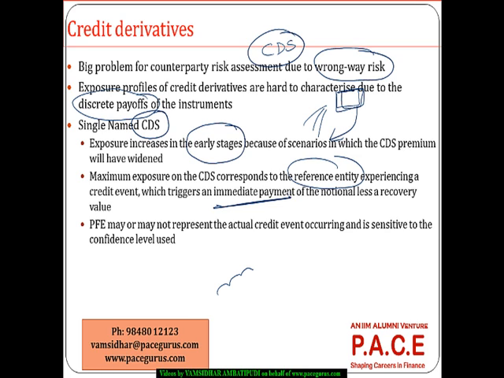So at that point in time, the exposure will be much higher. So modeling all these things will become a real complicated and a challenging task. So what we generally see is, with respect to credit derivatives, finding out the exposure requires a lot of modeling activity, considering various parameters into a consideration, and that's what makes the process more and more difficult.